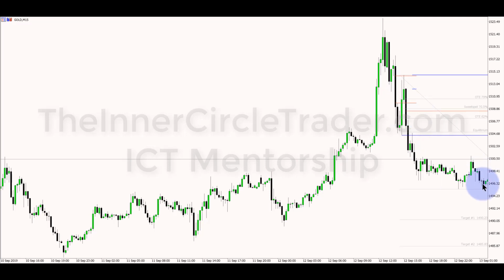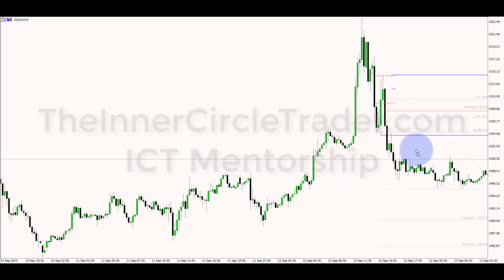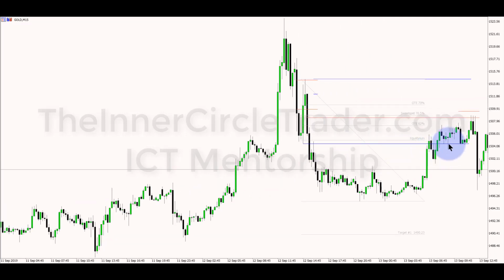Down here, what's the nearest 5 level to this level here without going over it? 1505. So you could be a seller at 1505 in here with the expectation that we could see a run all the way up to this candle's low and into that candle. So your stop has to be above that.